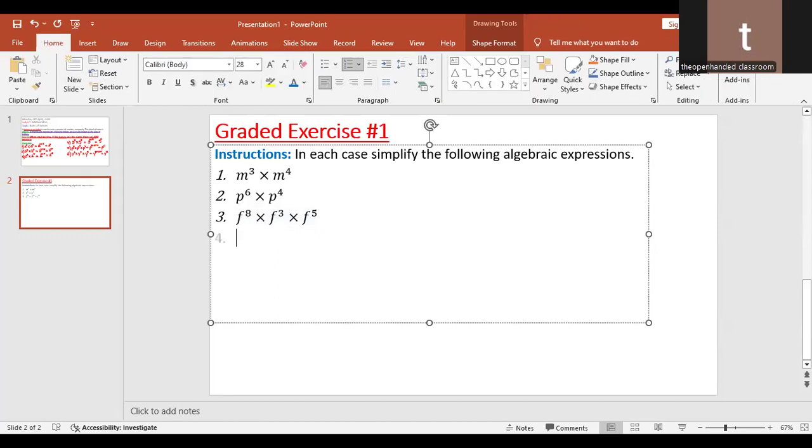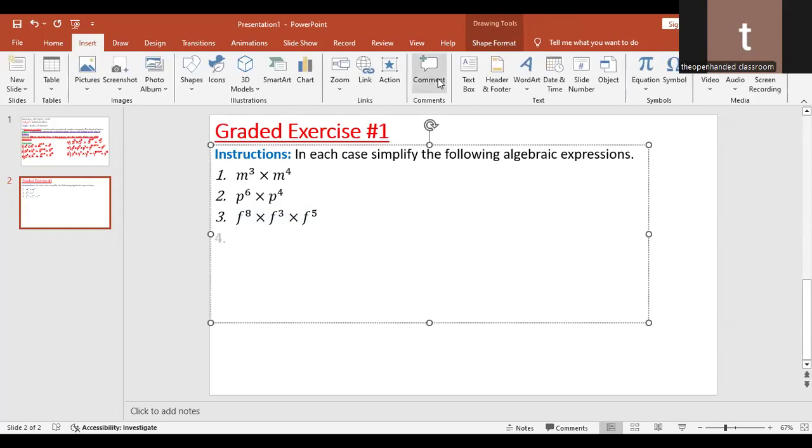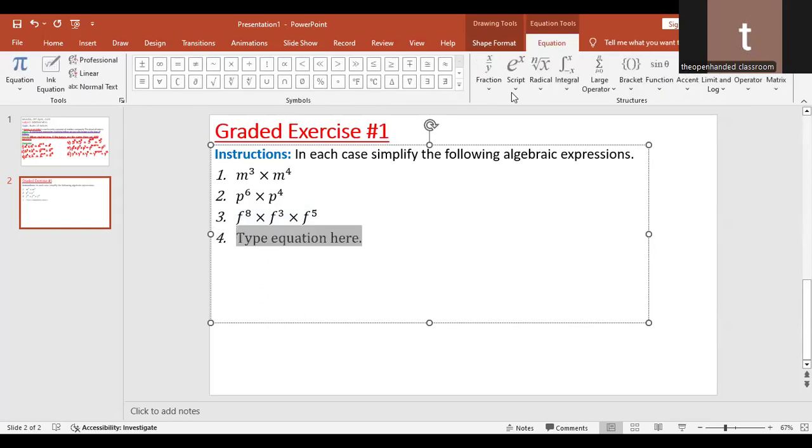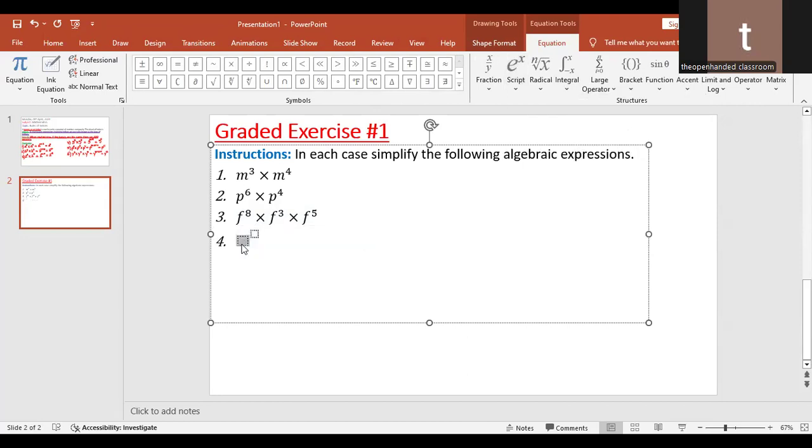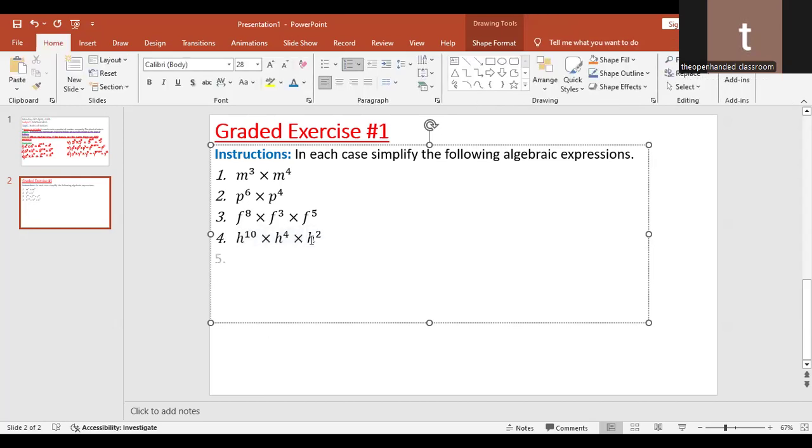What would that equal to? Number 4. Let's say we have h to the power of 10 multiplied by h to the power of 4 multiplied by h to the power of 2. Number 5.